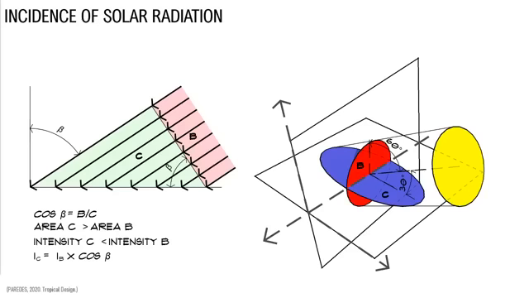But if I project it to the horizontal square, it projects an elliptical area which is much bigger than the red ellipse. So if the sun is hitting a surface at an angle, the amount of area or the energy is much greater than when it is hitting something that is perpendicular.